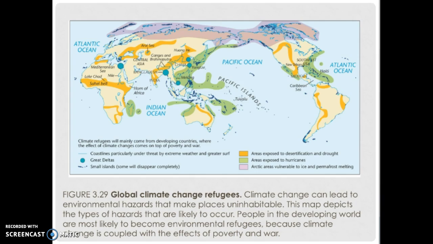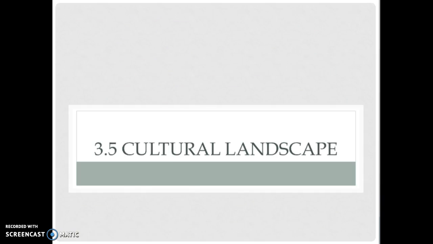So for instance, here's a world map of global climate change refugees, illustrating some of that disparity. We can see different areas exposed to desertification and drought, and areas exposed to hurricanes, particularly in the Southwest Pacific that I mentioned, and how that can influence environmental refugees.